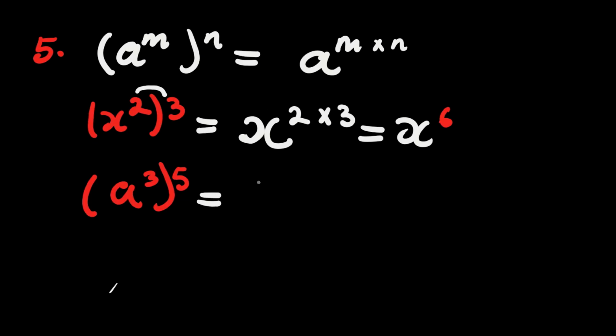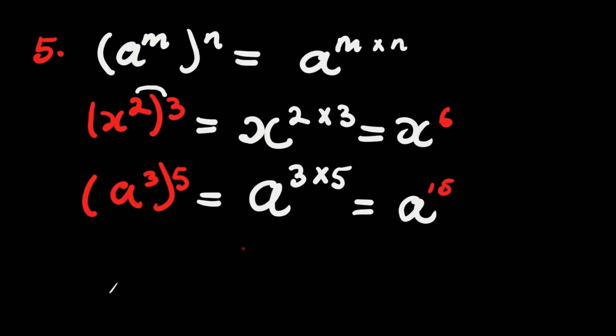So our answer here would have to keep our base. Sorry, it's not x, it's a. Our base, then we multiply our exponents, 3 times 5. And what is our answer here? Our answer is a to the power 15. That is our answer.